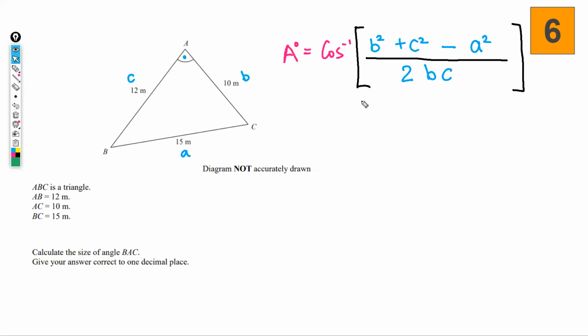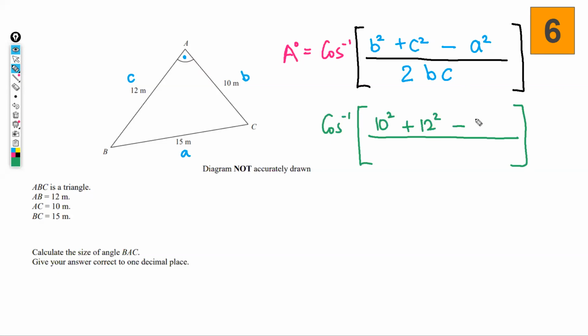All right. So it's cos inverse. Common B is 10. So it's 10 squared plus common C is 12. So it's 12 squared minus common A is 15 squared. 2 common B and C are 10 and 15, right?